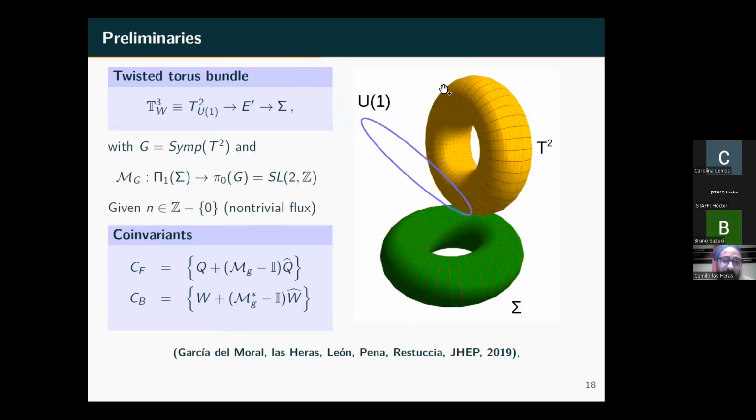And we have found that this global picture can be understood in terms of a twisted torus bundle, which is a twisted torus fiber over the base manifold with a monodromy contained in SL2Z, okay? As before, inequivalent classes of twisted torus bundles are classified by the coinvariants of the fiber and the base manifold.